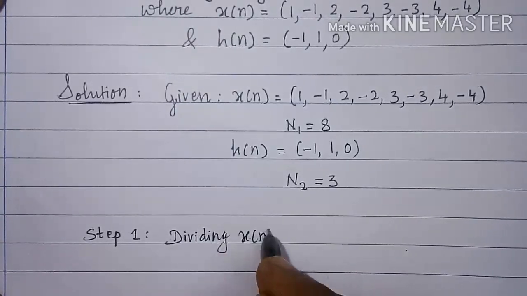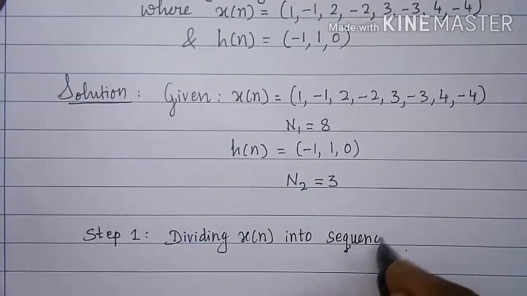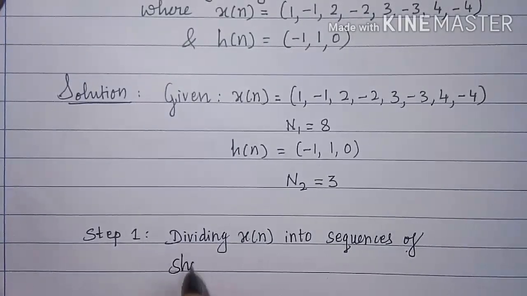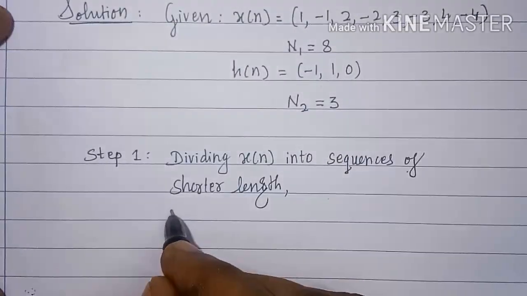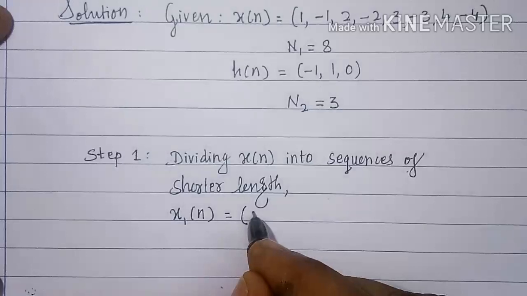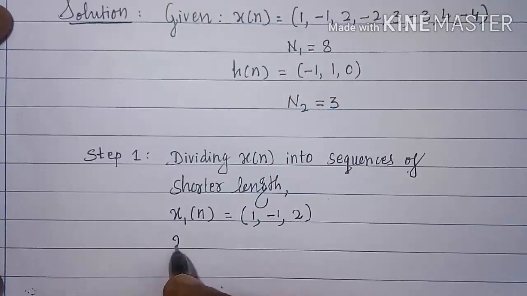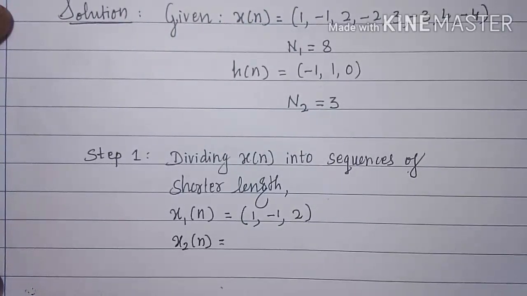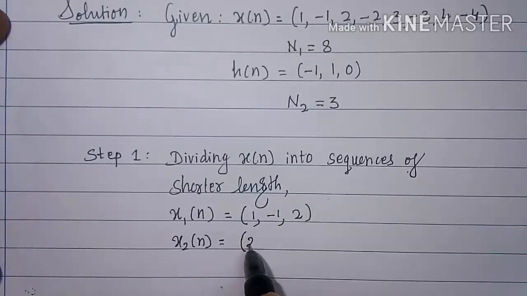Dividing x of n into sequences of shorter length, we have x1 of n equal to 1, minus 1, 2. x2 of n equal to, as explained in the procedure, the last sample of x1 of n should be the first sample of x2 of n.